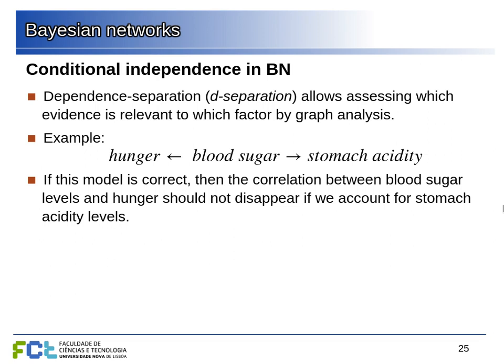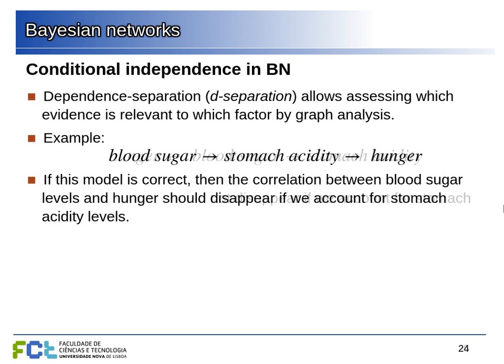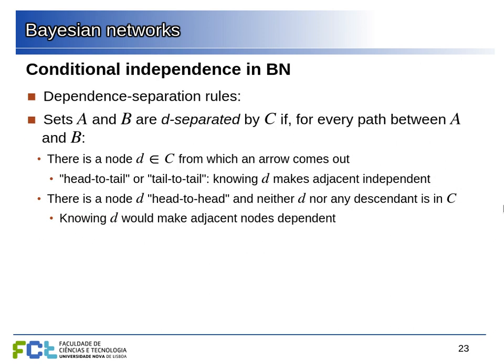In this case, if we account for acidity in the stomach, it does not change anything. The other two do not become independent, because blood sugar is still causing hunger. So in this way, when we observe some variables, we can test whether or not our model that describes the causal relations between the different factors is correct. And this can be extended to any model, no matter how complex, because we have these d-separation rules.